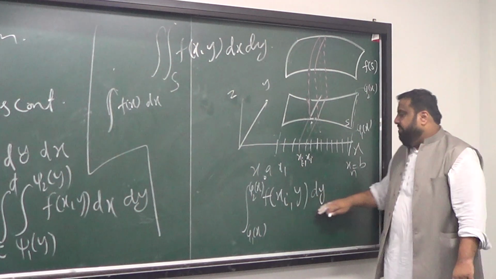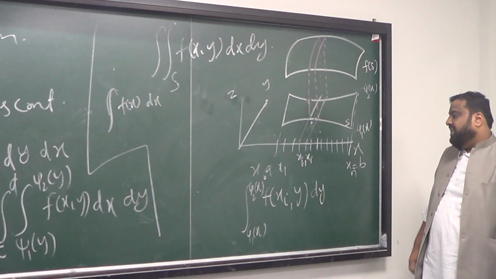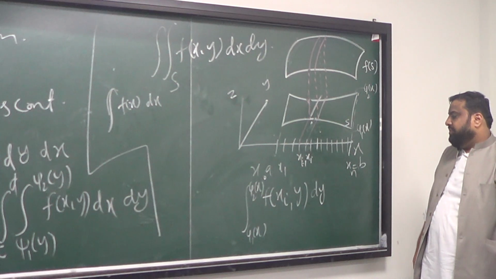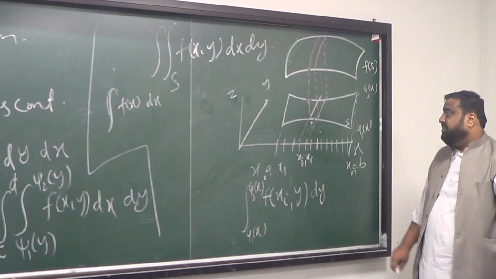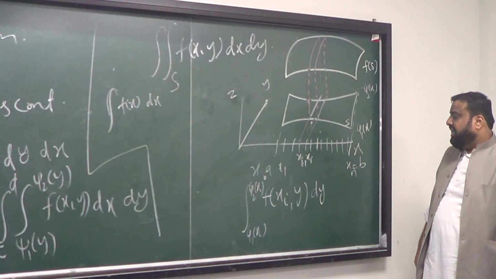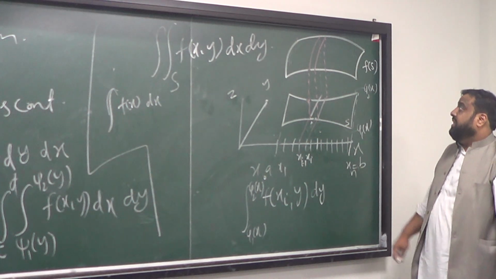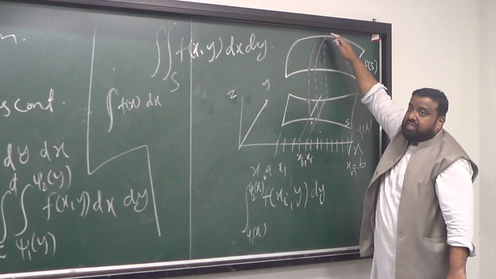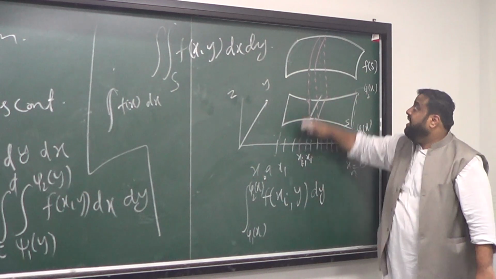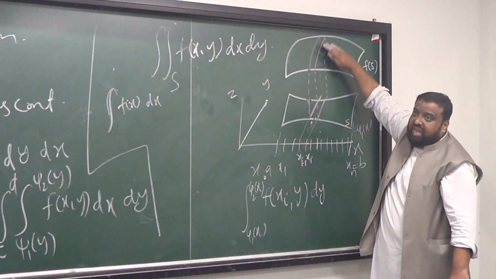What would be the interpretation of this? The interpretation is that it's the volume of this slice. So f of xi is like this height.